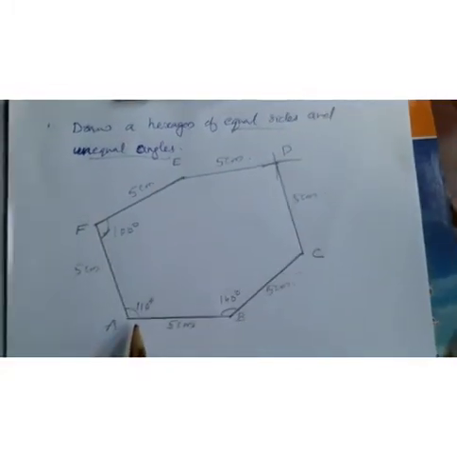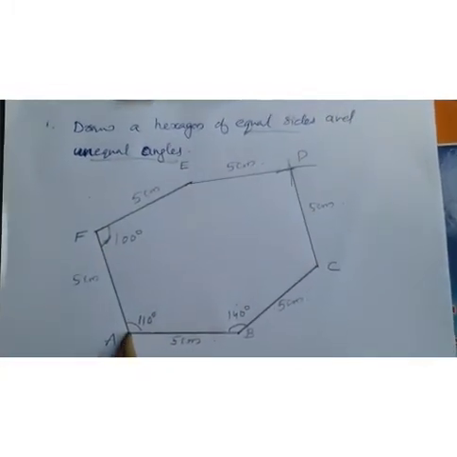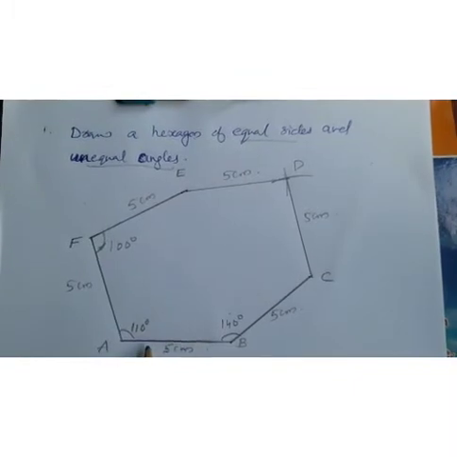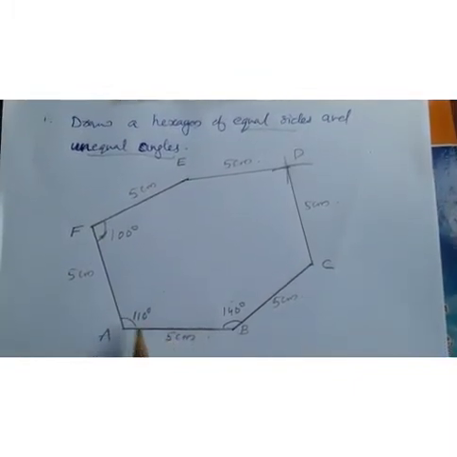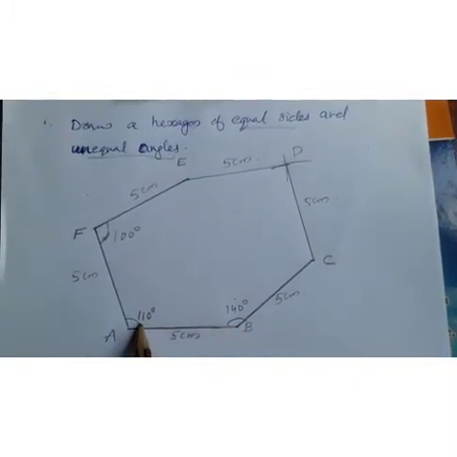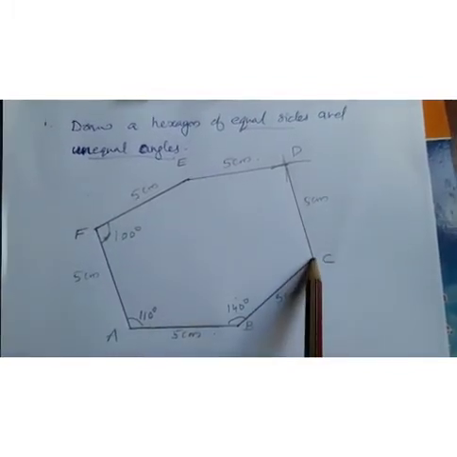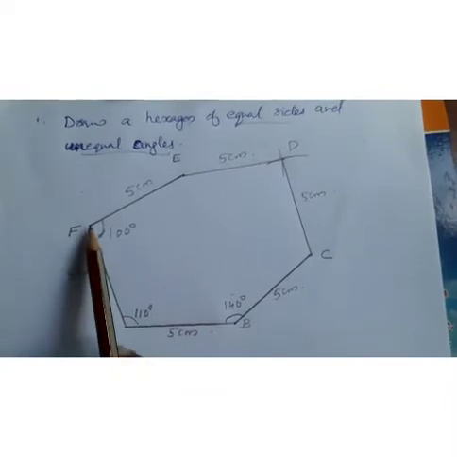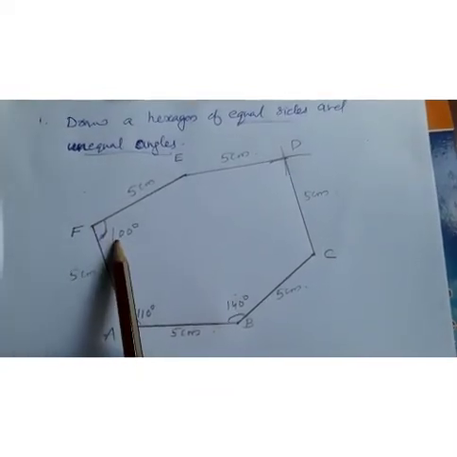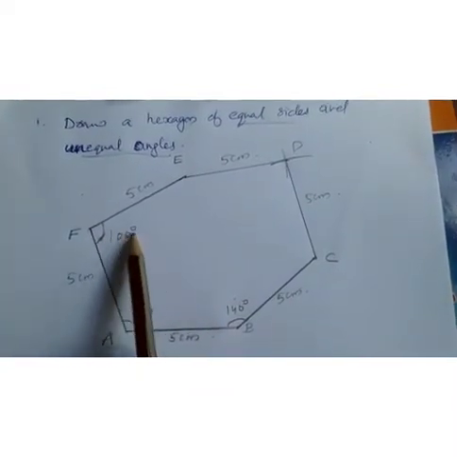So how do you draw this again? See that one. First draw AB with a 5 centimeter line. Then from A and from B, two obtuse angles you should draw and mark F and C. And from F again draw another obtuse angle. I took 100.